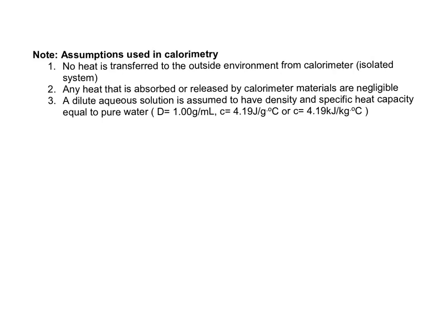And a dilute aqueous solution is assumed to have density and specific heat capacity equal to pure water. So the density is 1 gram per milliliter. The specific heat capacity of the solution is 4.19 joules per gram degrees Celsius. Or if you're dealing in kilograms, with large quantities, you can use kilojoules per kilogram degrees Celsius.